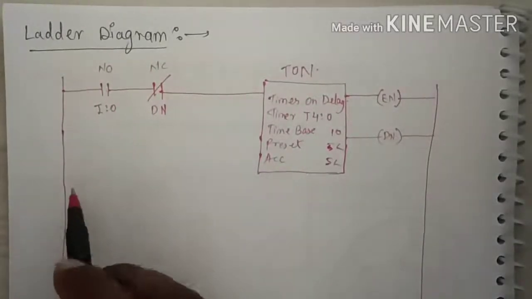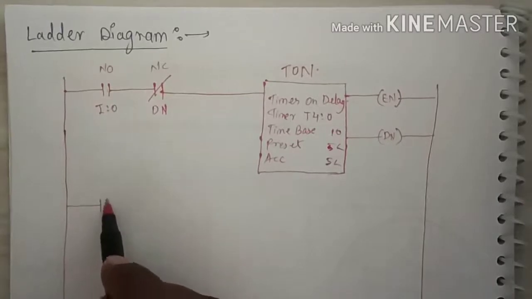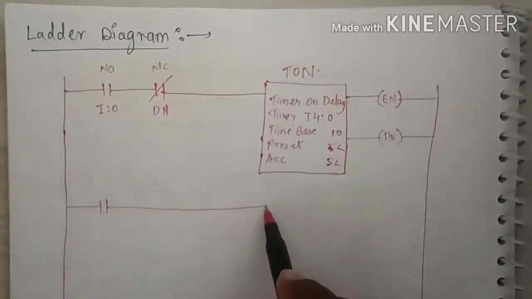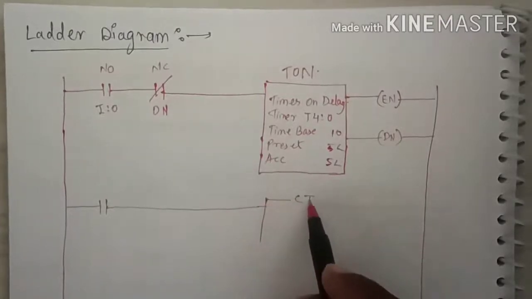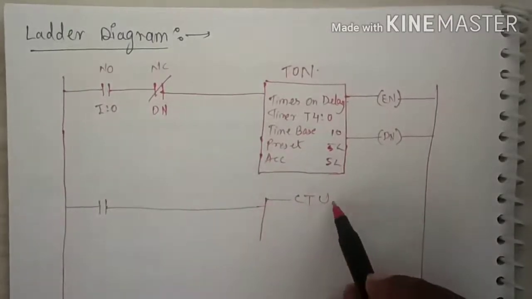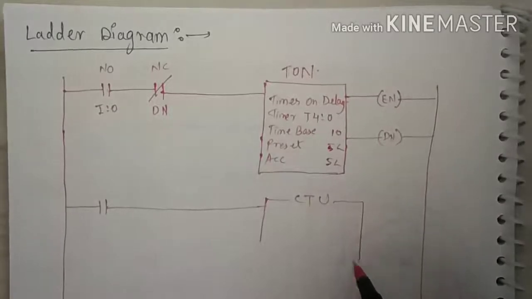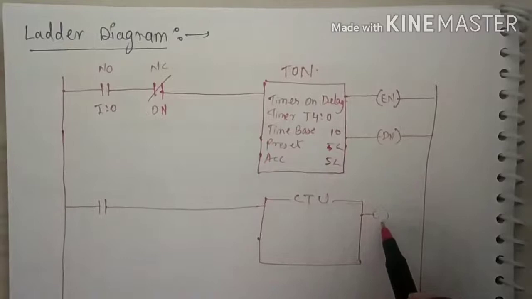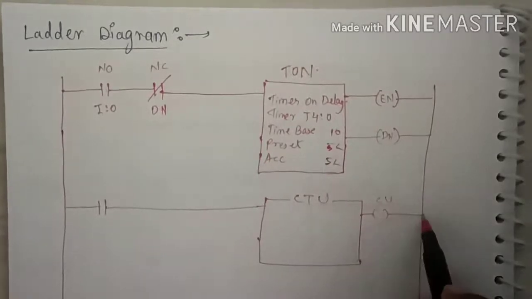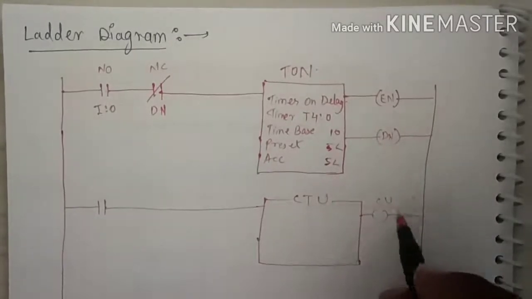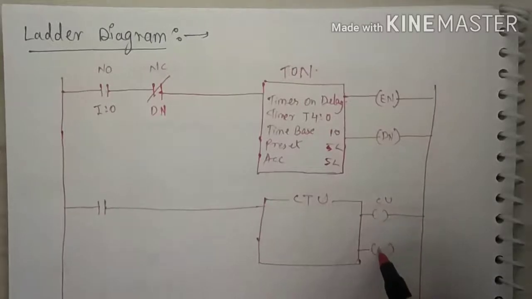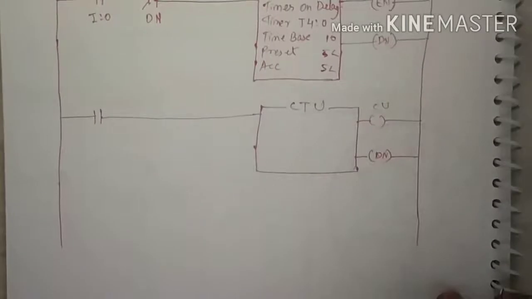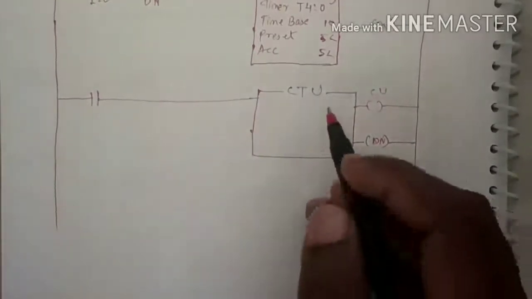Then I'll use a second important instruction, that is the counter. I'll write here counter CTU. It also has two bits, that is CU and then a DN bit, CU and DN bit.